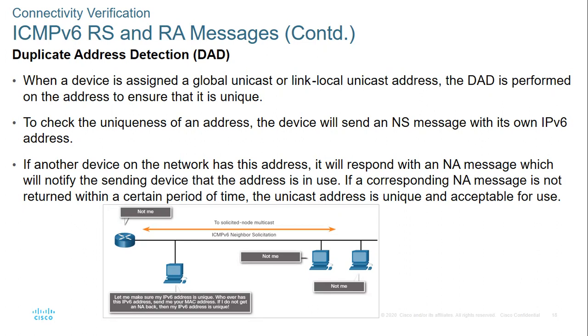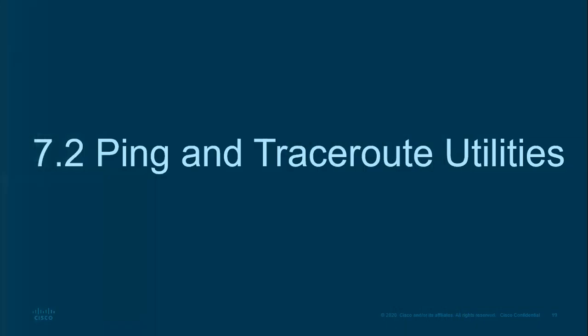If it doesn't match, they drop it. But if it does match, they reply. When the sender receives that reply, it knows that the IP address is being used by someone else, so it drops that IP address and requests another one. That is how DAD works. So you can see, it is very, very important to know the concepts and how things work.